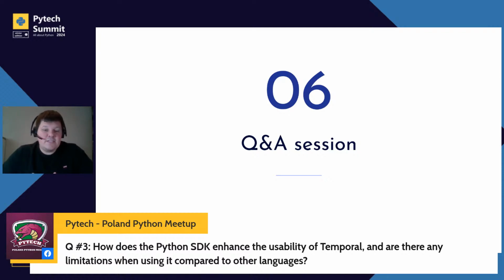How does the Python SDK enhance the usability of Temporal, and are there any limitations compared to other languages? I believe the Temporal binary is written in Golang. My colleagues who worked with Temporal and Go are much happier than me, and in Go we can work more natively with sync-async stuff. In Python, we still have a lot of challenges.